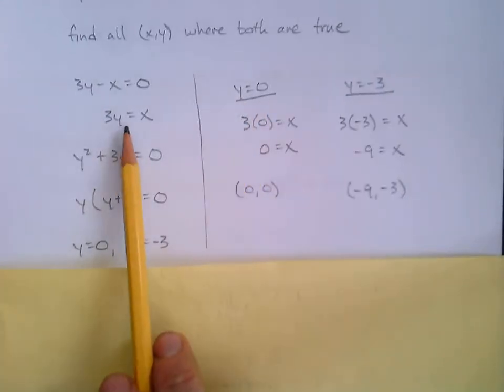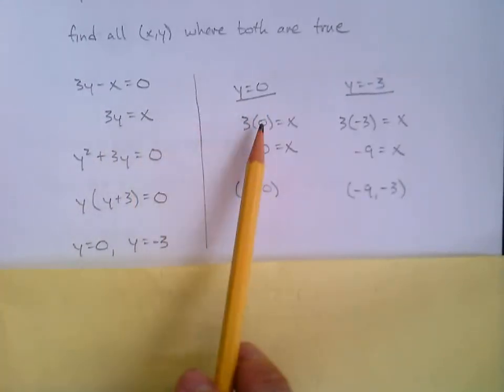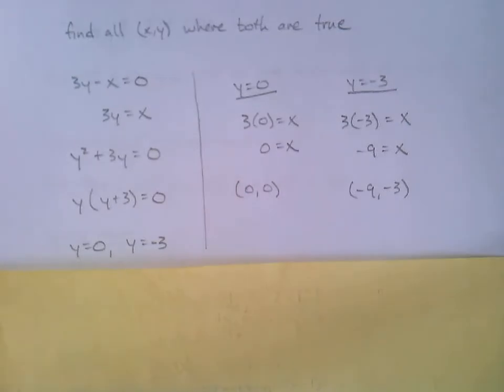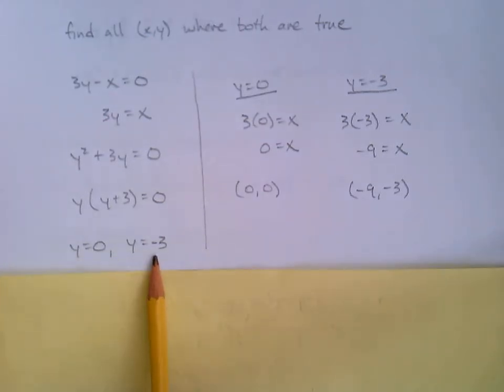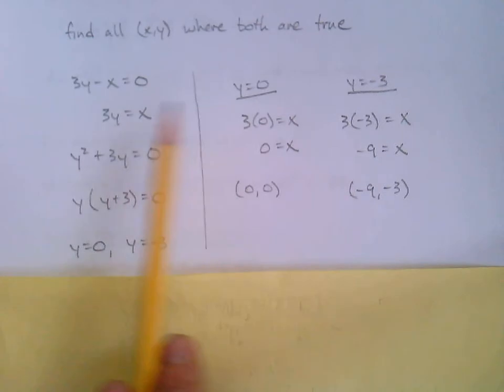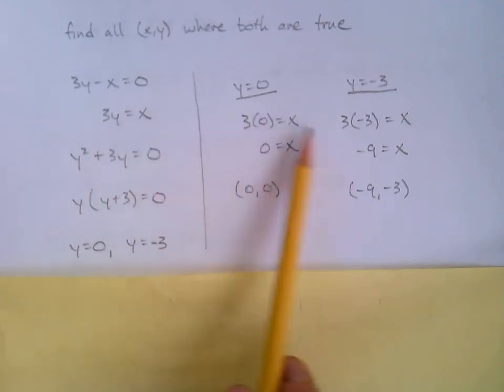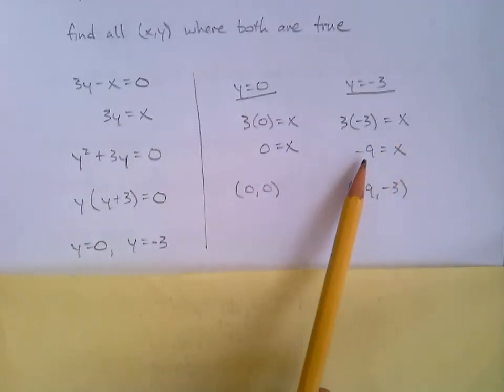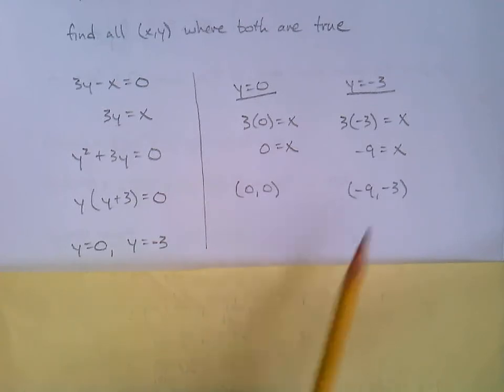I'm just going to plug it in right here to get the corresponding x value. Well, x would equal 0 as well. So one of my critical points is (0, 0). I'll take y equals negative 3, and plug that in. The x value that goes with that y value is negative 9. So another critical point is (negative 9, negative 3).